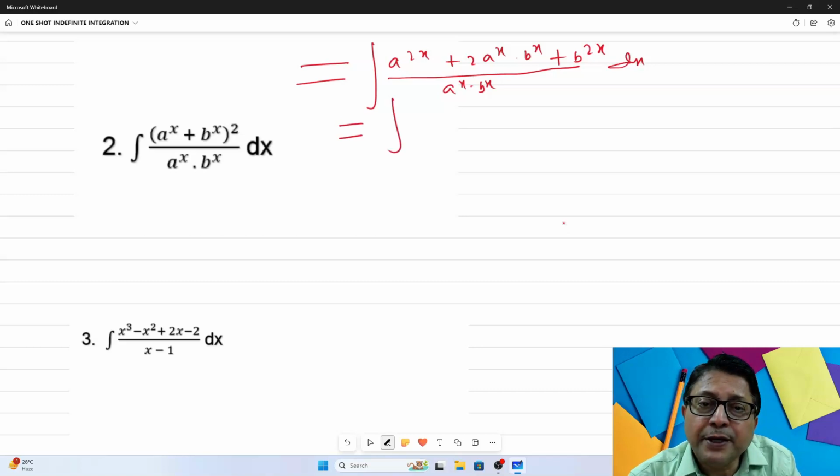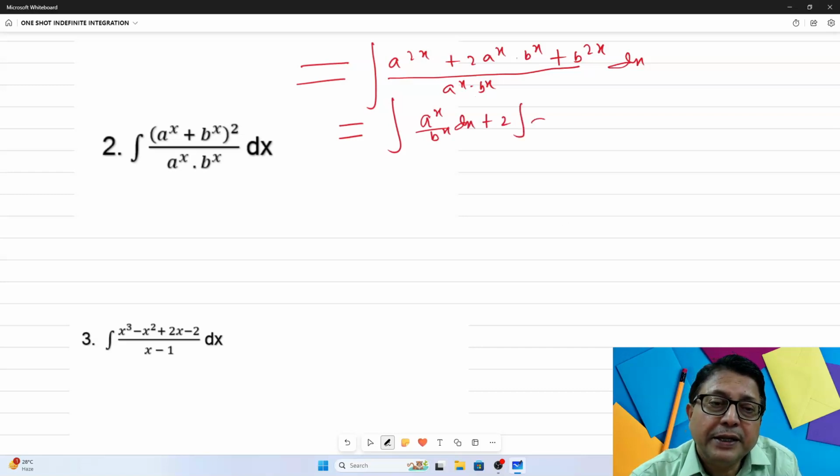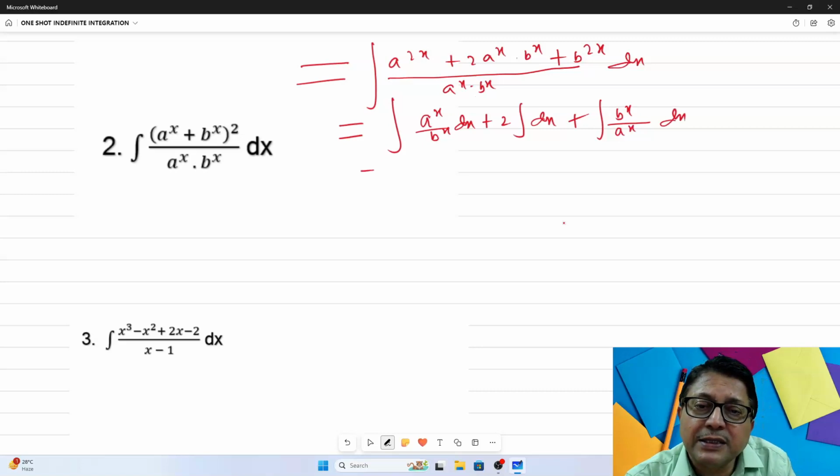If you start separating a to the power 2x by a to the power x, only a to the power x will be remaining. So a to the power x by b to the power x dx plus, here also b to the power x gets cancelled, b to the power x by a to the power x dx.